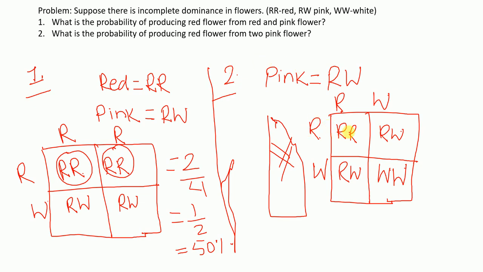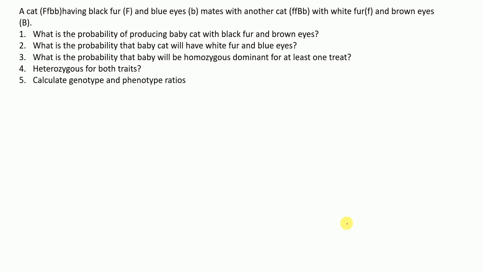If you look at these genotypes, this is the only case where red flower has been produced. This refers to pink, this refers to pink, and this is white. So only 1 time out of the 4 probable times the red flower is produced, hence the probability is 25%. Okay, 1/4.